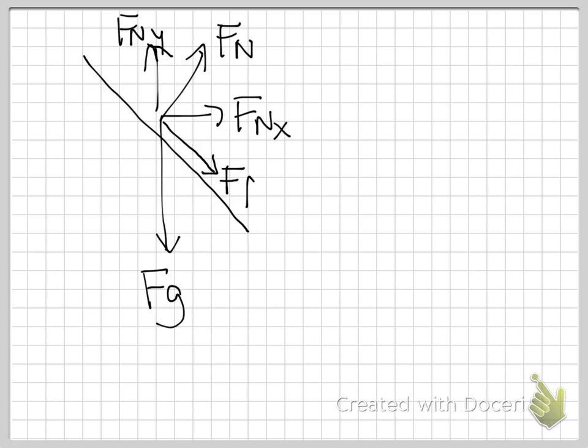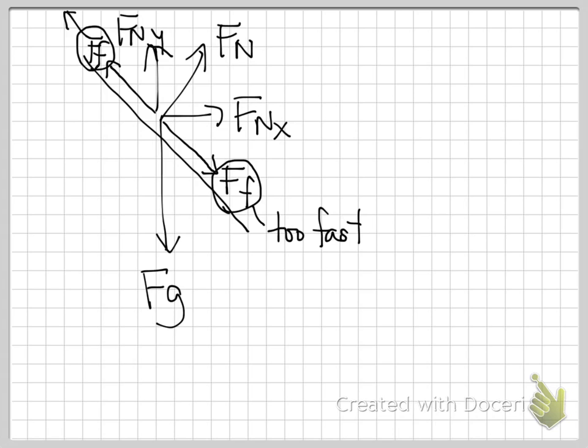You're going to have Ff in that direction if you're going too fast, right? Because if you go too fast, you're going to fly off up that way. And for the too slow case, friction will be in that direction. So you're going to have to use this one to find Vmax, and this one to find Vmin.